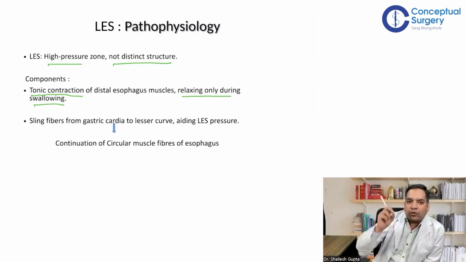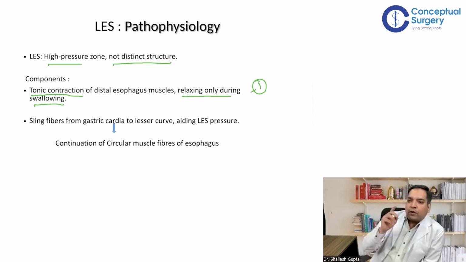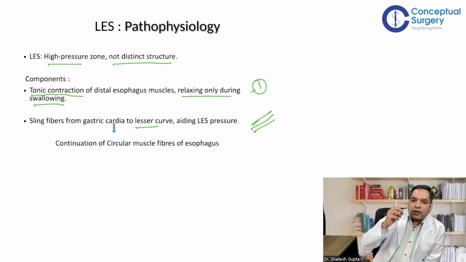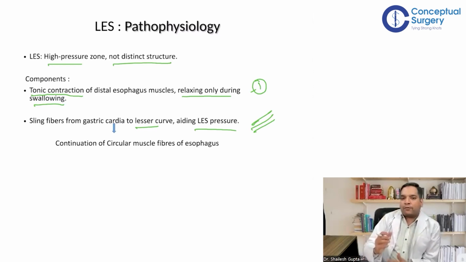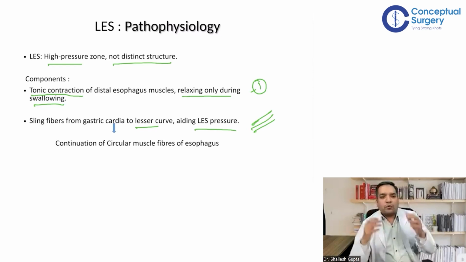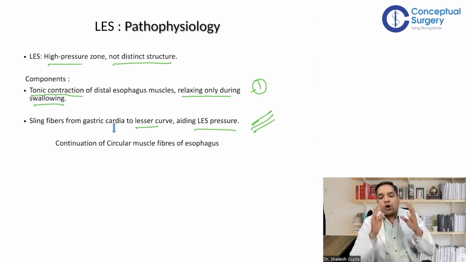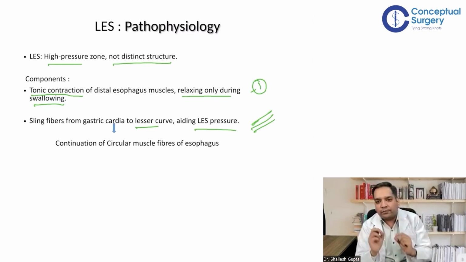Number two, sling fibers from the gastric cardia to the lesser curve augment the lower esophageal sphincter. And what are these sling fibers? These sling fibers of the gastric cardia are basically a continuation of the circular muscle fibers of the esophagus. This is very, very important, right?